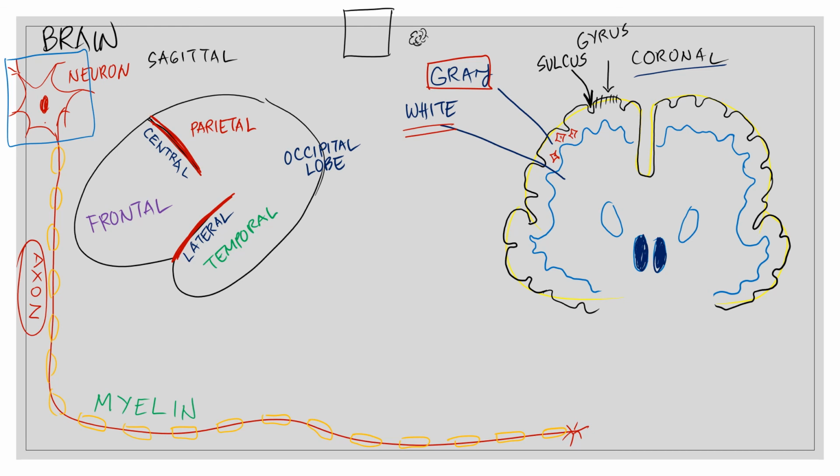So your myelin covers your axons, and since you have millions and billions of axons there, you also have a lot of myelin. And myelin is very fatty. It's made up of fat. So it's pretty fatty, and that fat stains white.